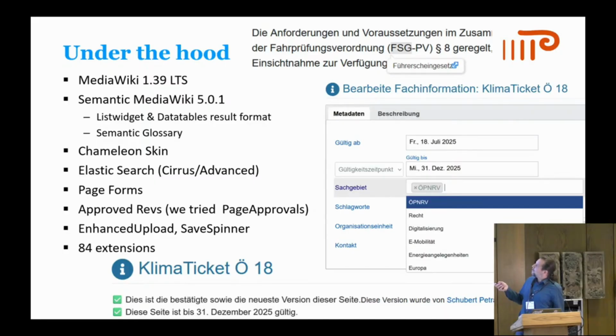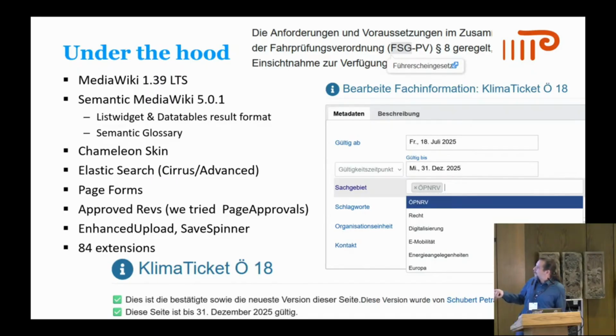Semantic Glossary I didn't mention here. So you always have in knowledge bases abbreviations or some terms that are very specific, and Semantic Glossary allows you to highlight this. So if you mouse over here, then you will be redirected to a page where this is explained. This is nice. And also here you can see this is from the Approved Revs extension.